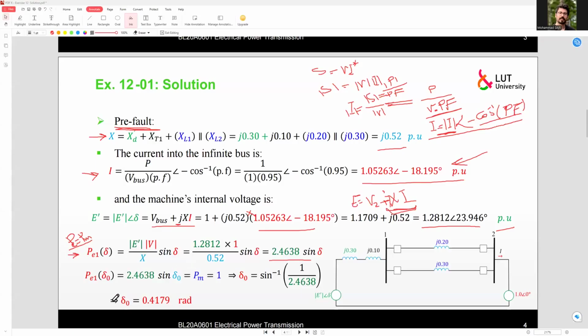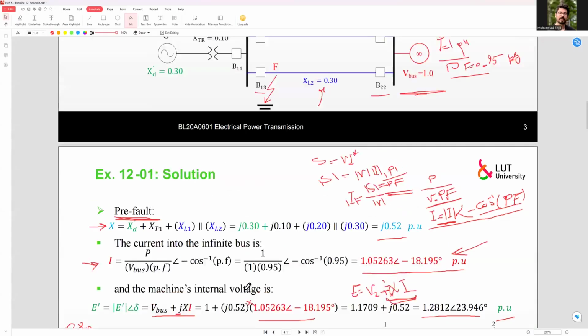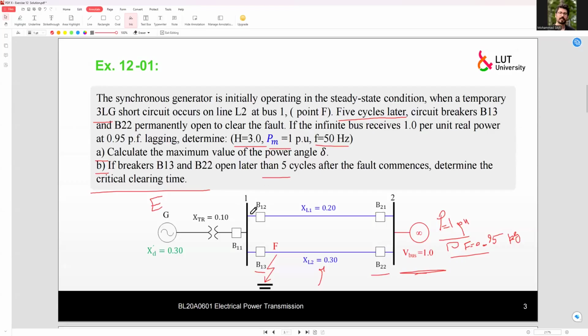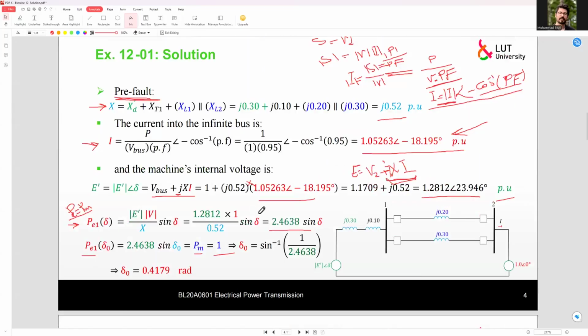As I mentioned, PM is equal to PE, and it's equal to 1 because it's constant during all of the stages of the fault occurrence and fault clearing processes. Also we have delta 0, which is the steady state angle of the voltage just before the fault occurrence, which is a constant value.